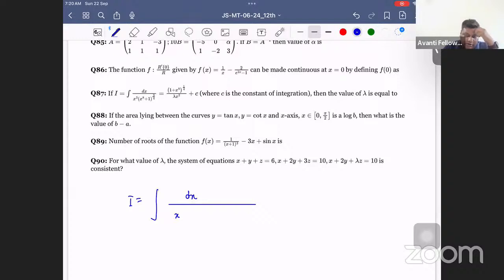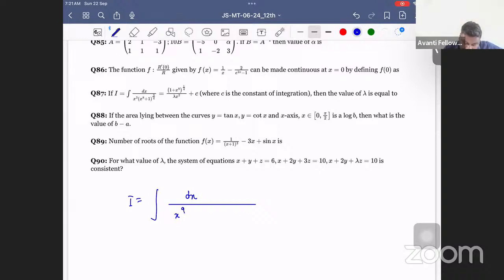And it is not really going to help. Sorry, x to the power 6 will come out. So if you take x to the power 8 outside, x to the power 6 will come.